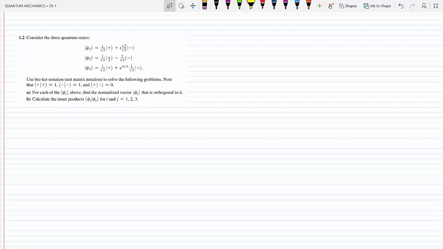Now, you know what to do, or let me actually give you a hint. First thing, when do we know that a vector is normalized? Normalized means the integral of psi conjugate psi is 1, from minus infinity to infinity. So in bracket notation, we say the bra-ket of psi with psi for a wave function is equal to 1.